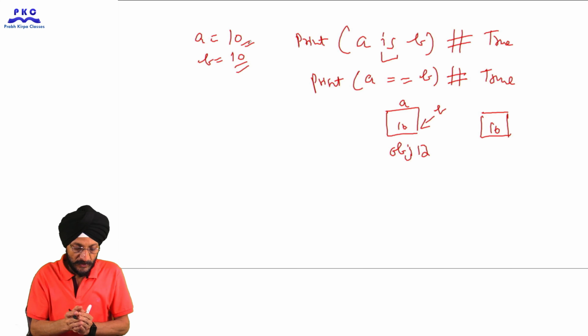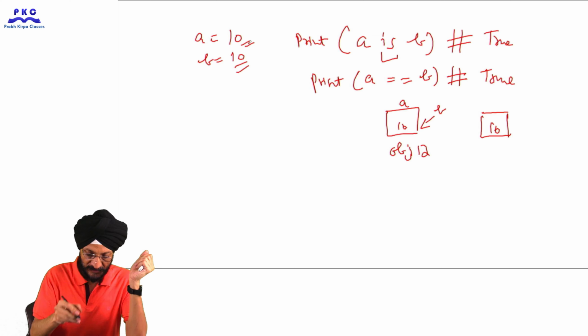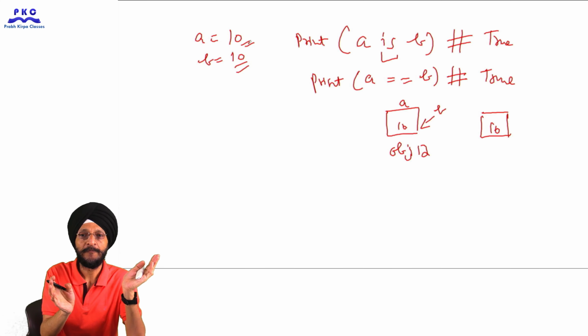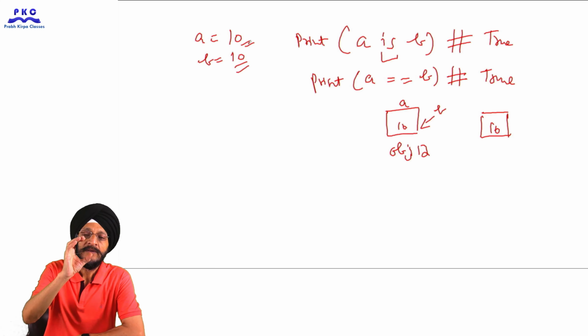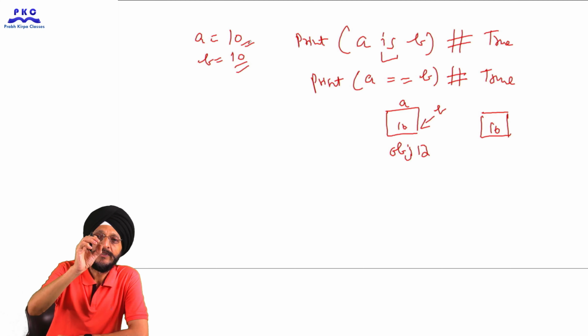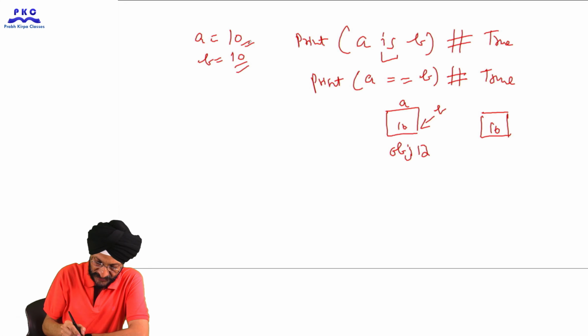So though the result of both identity and equality operator is the same here, the working is different. One is comparing the memory location, or finding out whether two variables refer to the same object in memory.